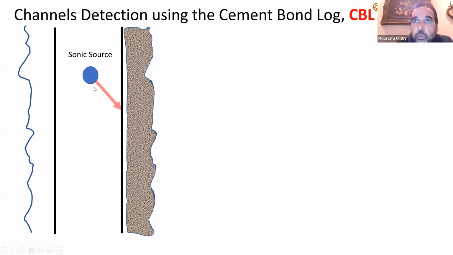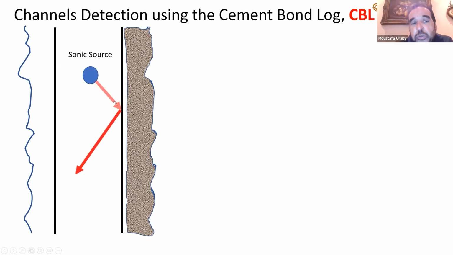First of all, we learn in secondary school, probably, or in prep school, that there are many situations that can happen. The first one is that this acoustic wave will reflect from the casing. So the casing will give us a reflection of the acoustic wave. Or the acoustic wave will go parallel.